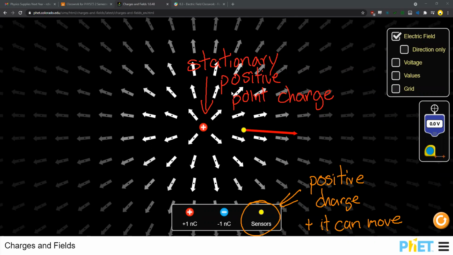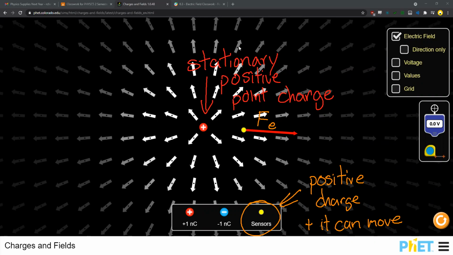And what do you guys see? What do you guys notice? The arrows are moving away. Yeah, this arrow right here represents the electrostatic force. It's saying that there's a force on this positive charge that's forcing it away.